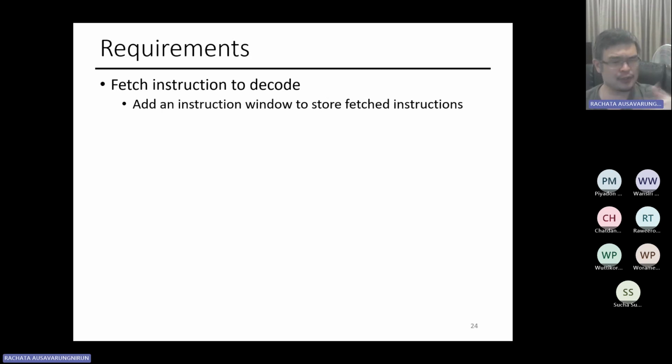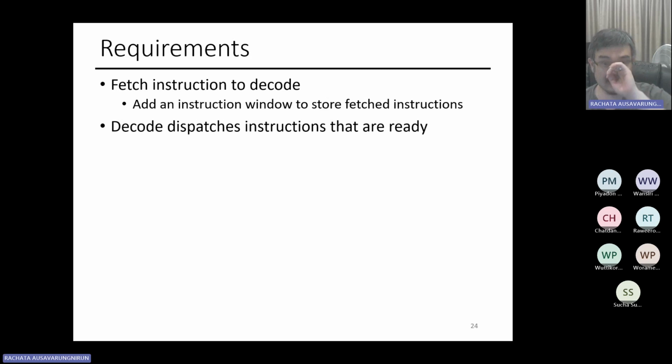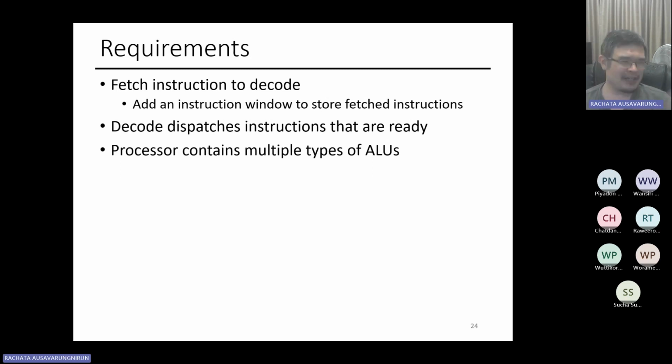So the fetch unit keeps going, fetch, fetch, fetch, and fetches into the instruction window. Then the decoder says, okay, I'll look at this huge buffer and see who can be dispatched. So the decoder's job now includes how to dispatch things. Then the processor is going to have a bunch of ALUs.